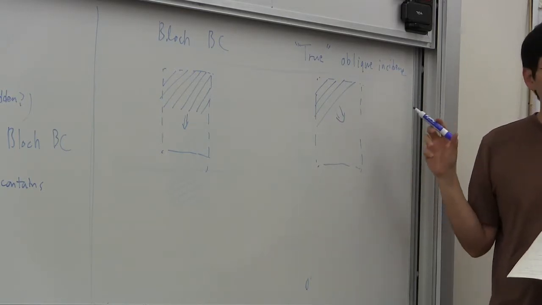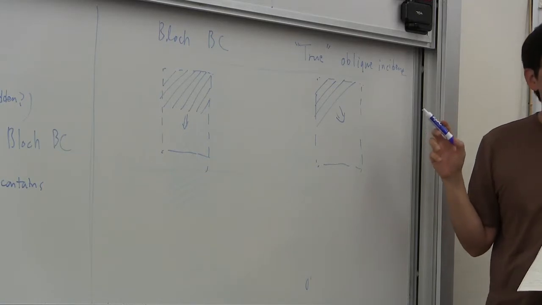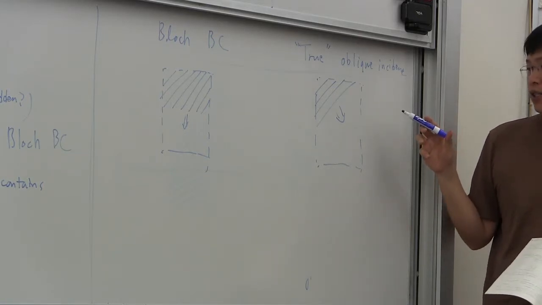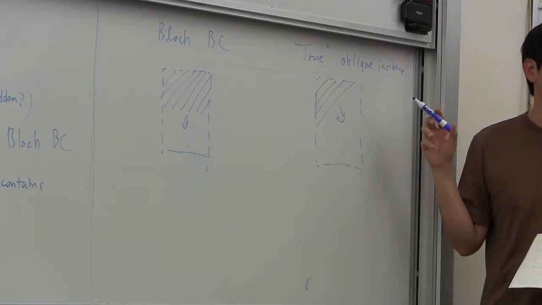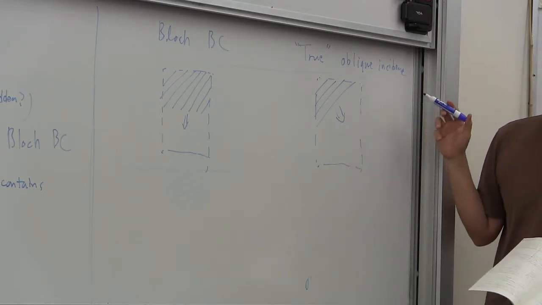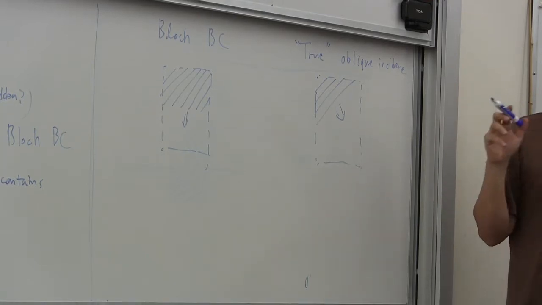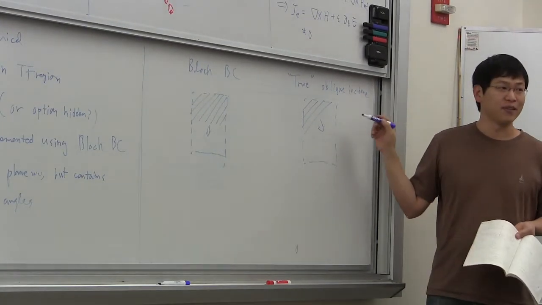So in principle, total field scattered wave is actually a method to create this kind of true oblique incidence, and that is very well discussed in literature. But for some reason, in Lumerical, it is not implemented this way.